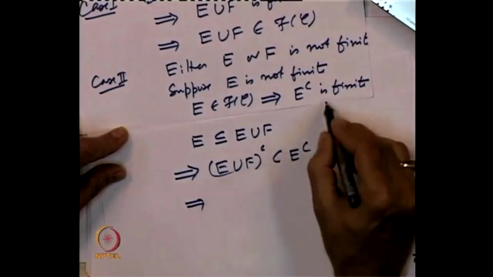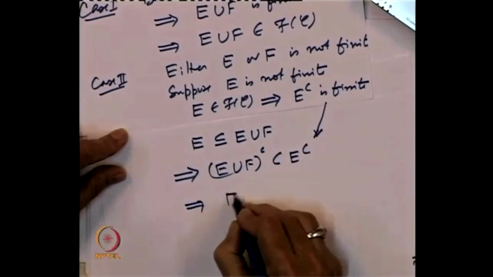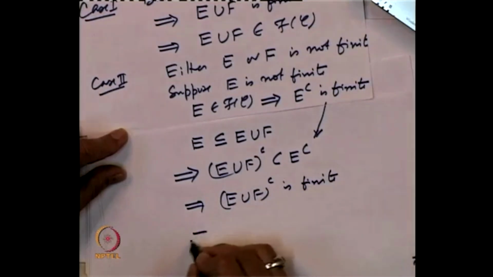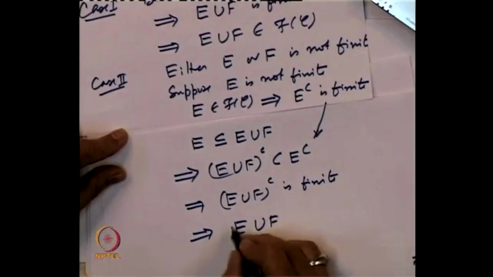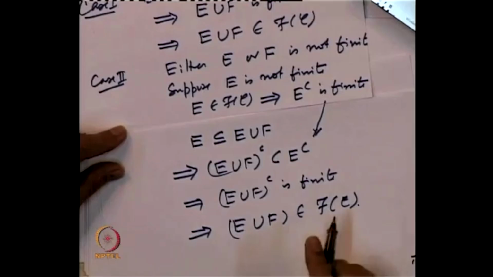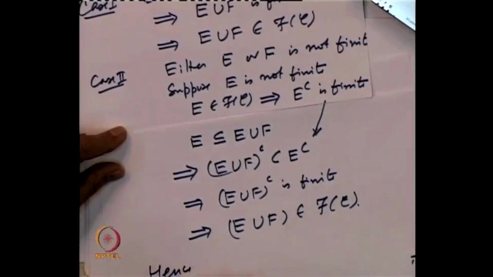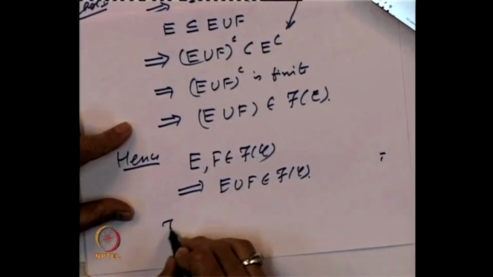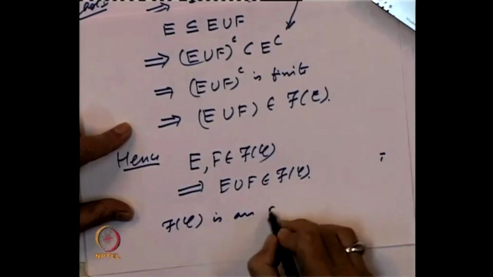So that implies the complement of E union F is finite, and hence by definition this implies E union F belongs to f of C. So we have shown in either case, hence whenever two sets E and F belong to f of C, that implies E union F belongs to f of C. So thus we have shown that f of C is an algebra.